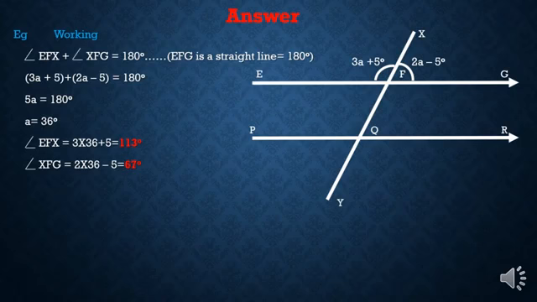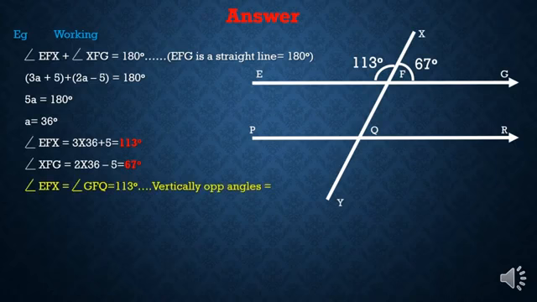Now in the diagram, we remove 3a plus 5 and 2a minus 5, and we put in the answers we have found, 113 and 67. Therefore, angle EFX is equal to angle GFQ is equal to 113 because they are vertically opposite angles.